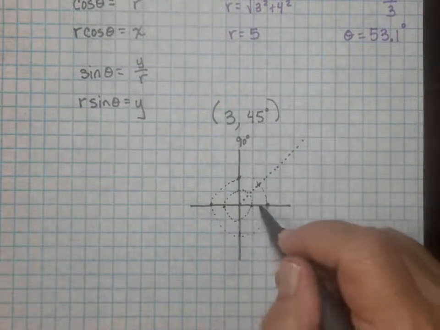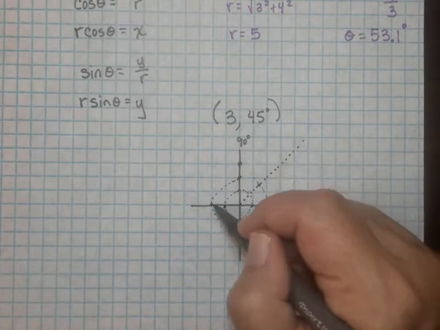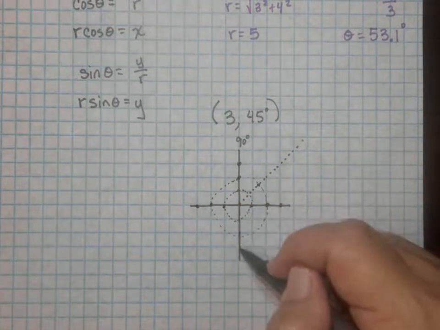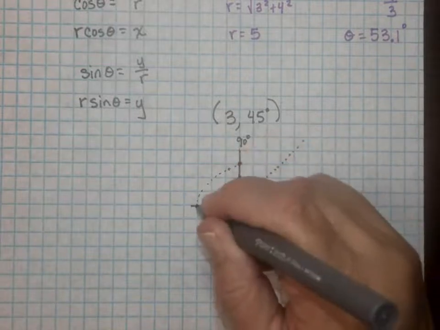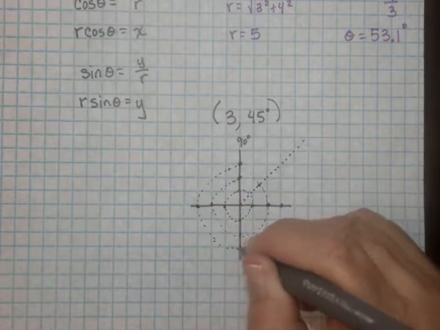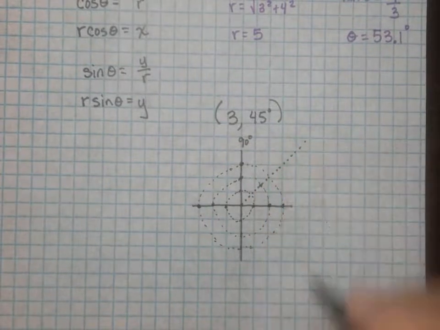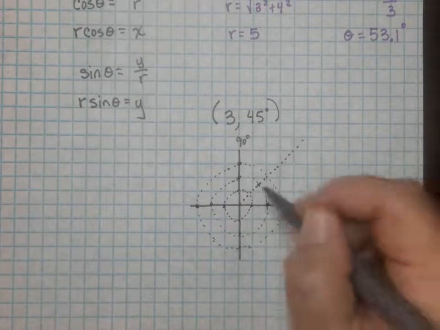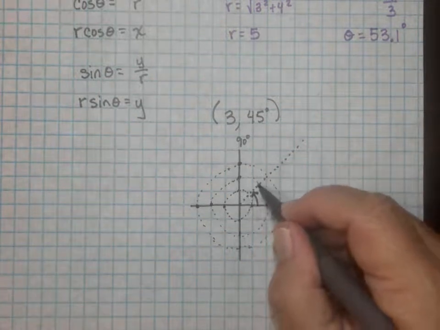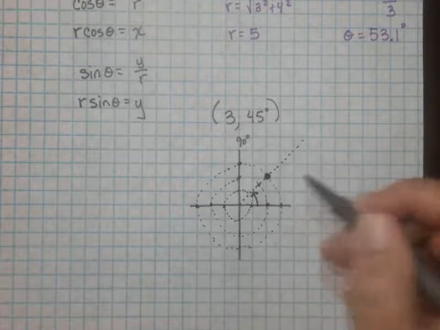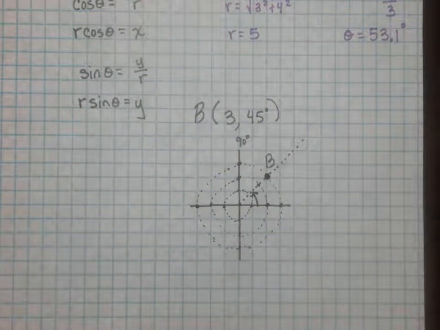If I go out to radius 3, map out a circle there. So 45 degrees and radius 3, 1, 2, 3, that's my point. If this is point B, that's point B right there.